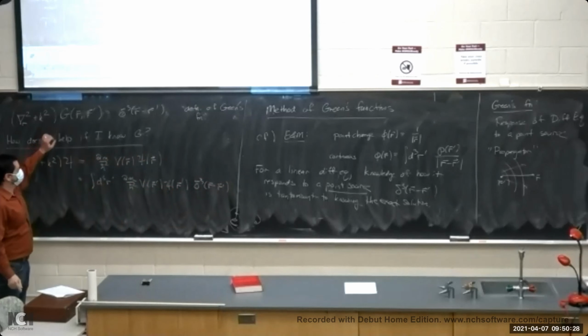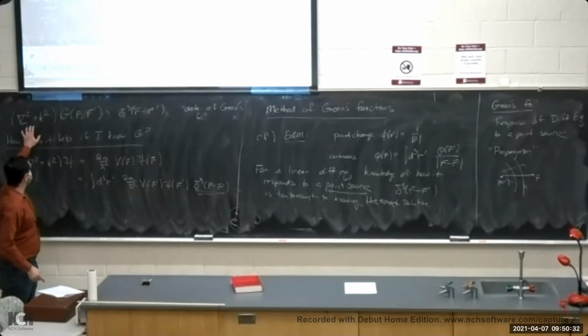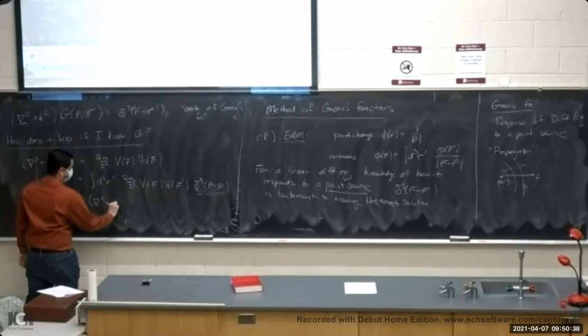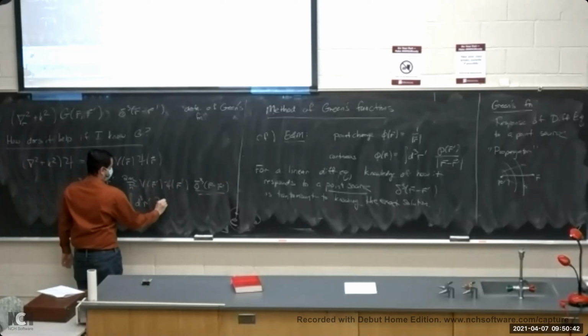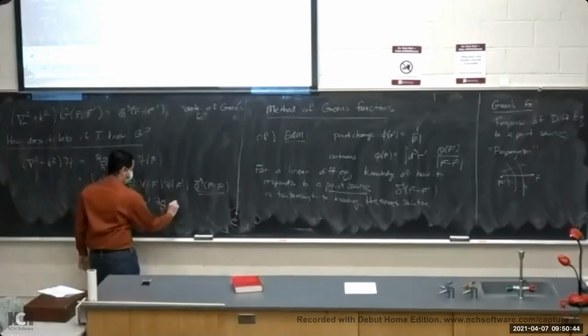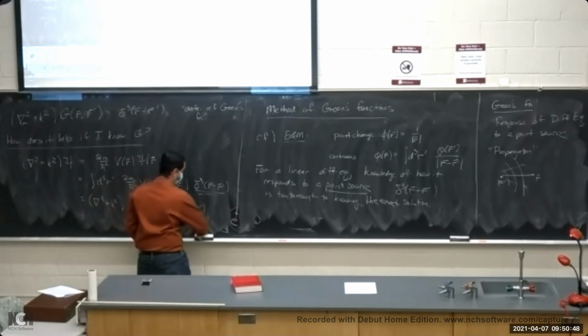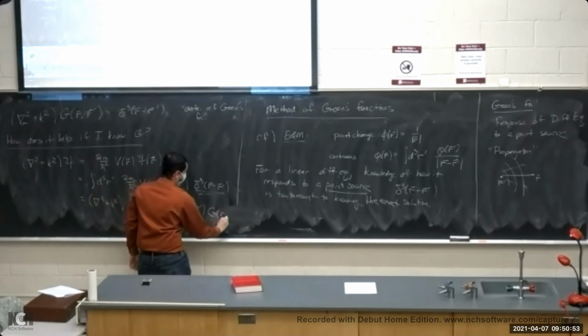If I have a Green's function, then I can write this delta function as what I get when this operator acts on the Green's function. So I can write this right-hand side as Laplacian plus k squared acting on d3r prime 2m over h bar squared V of r prime psi of r prime Green's function, or propagator, of r and r prime.